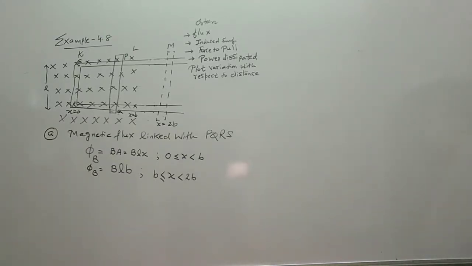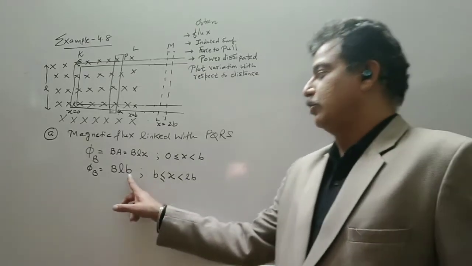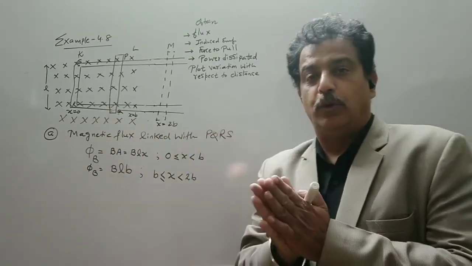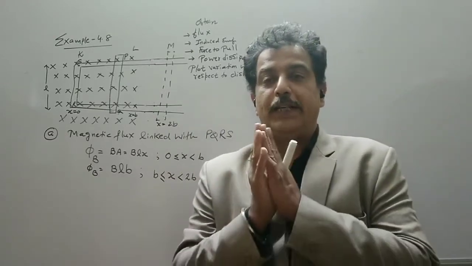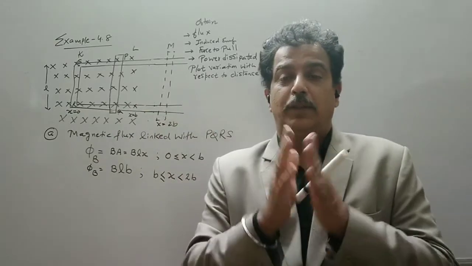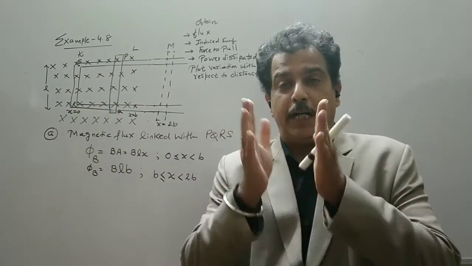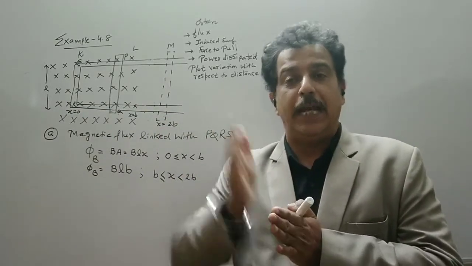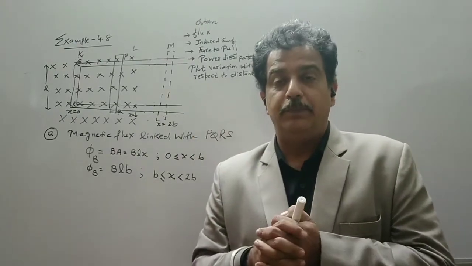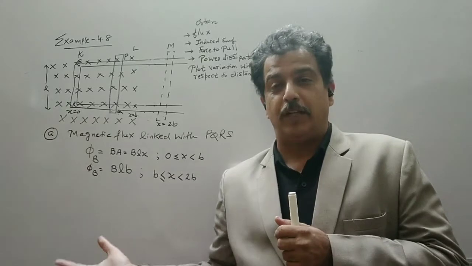So B is constant here, so flux becomes constant. Starting from the origin, if I move a rod, for example, let us take b to be 5 meter. So this will be 10 meter. So the magnetic flux increases up to 5 meter. At point b, the flux becomes maximum, and thereafter there is no additional flux.